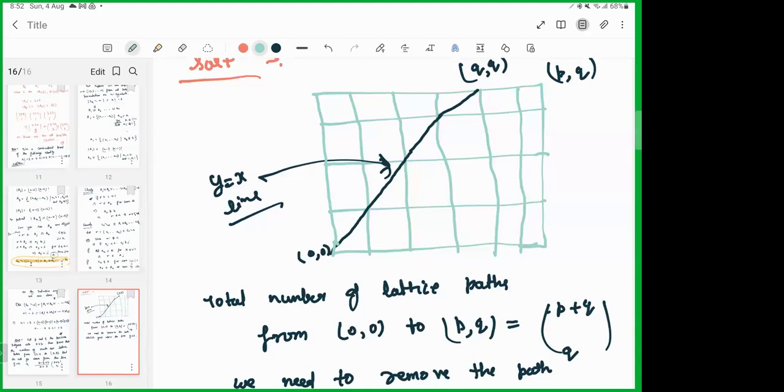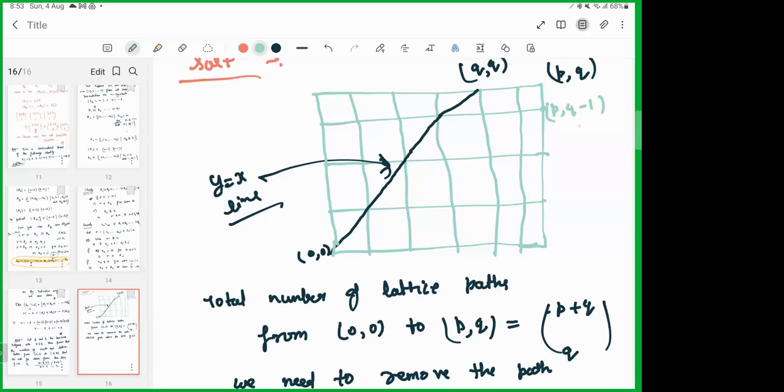Maybe there's some difficulty finding the closed form, but if you want to find how many ways to get to p, q, then that equals the number of ways to go to p, q minus 1 plus the number of ways to go to p minus 1, q, for every p greater than q.